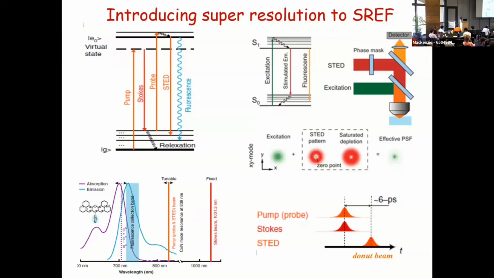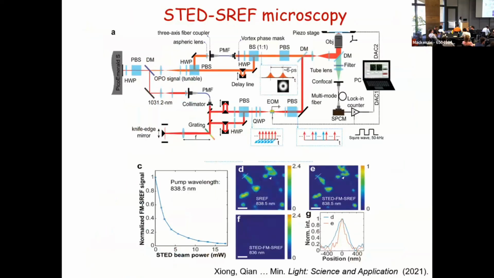And what we do is that in that way, you can reshape the point spread function to beyond the diffraction limit. Because we're working with fluorescence detection here, we can also implement this strategy by adding a donut beam to achieve super resolution vibrational imaging, together with the frequency modulation functionality we introduced on the Stokes beam.